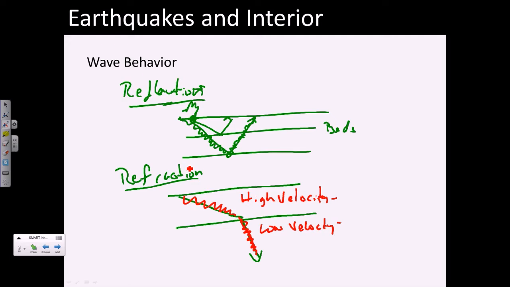Where would that happen? Well, let's think about how waves are going to move. Waves move more quickly in a solid and less quickly in a liquid. So if this was a solid and this was a liquid, that might be a kind of boundary in the Earth's interior for that to happen. Or it doesn't even have to be fully liquid.